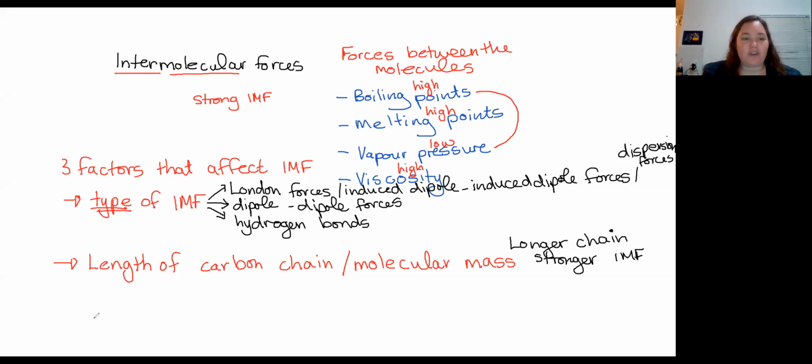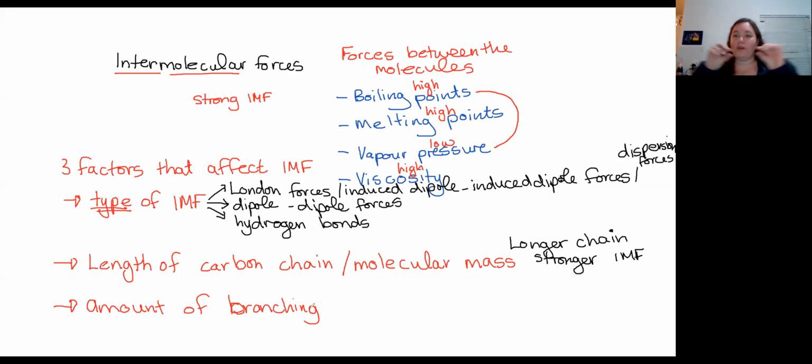And then the last factor here is, and they also give many different options for this, the amount of branching. The amount of branching has to do with whether you've got a linear chain or whether you make an isomer and have methyl groups and ethyl groups branching off it.